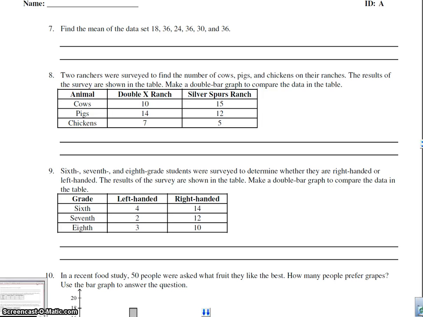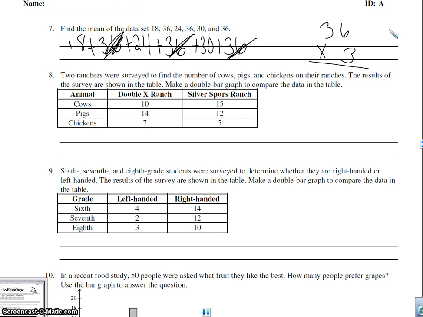All right, find the mean of the data set. Remember, the mean is the average, so I'm going to add them all up. I'm going to do 18 plus 36 plus 24 plus 36 plus 30 plus 36. So I'm going to make these easier. I've got 36, 36, and 36.